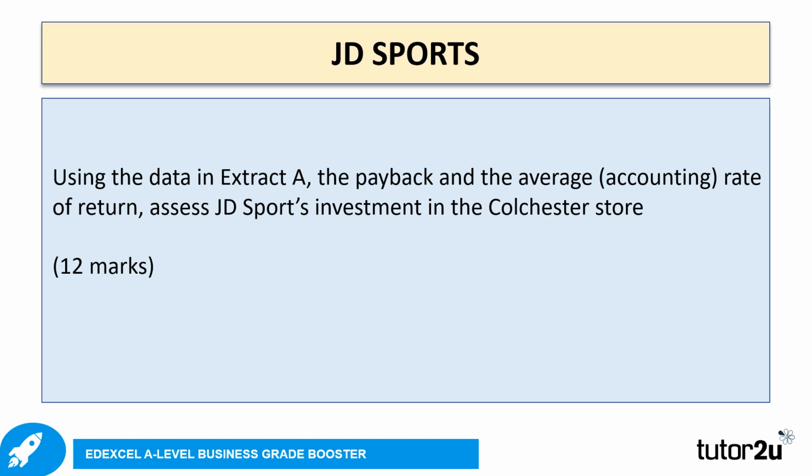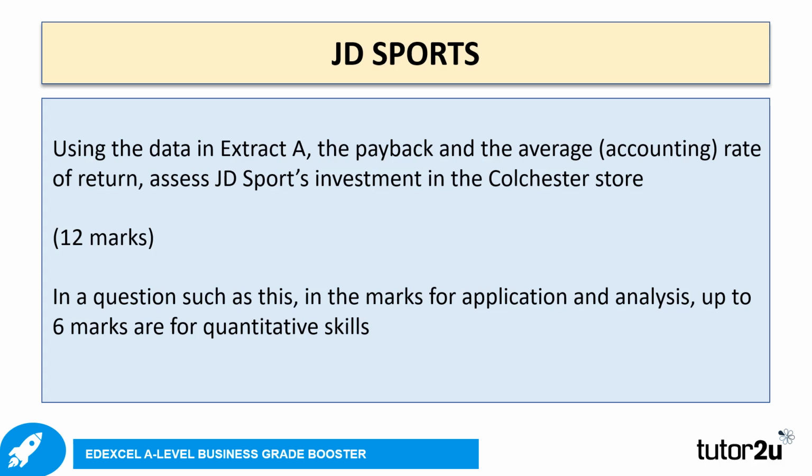So on screen, we can see our question using the data in Extract E, the payback and the average accounting rate of return. Assess JD Sports investment in the Colchester store that is worth 12 marks. So in questions such as this, in the marks for application and analysis, up to 6 marks are for quantitative skills.